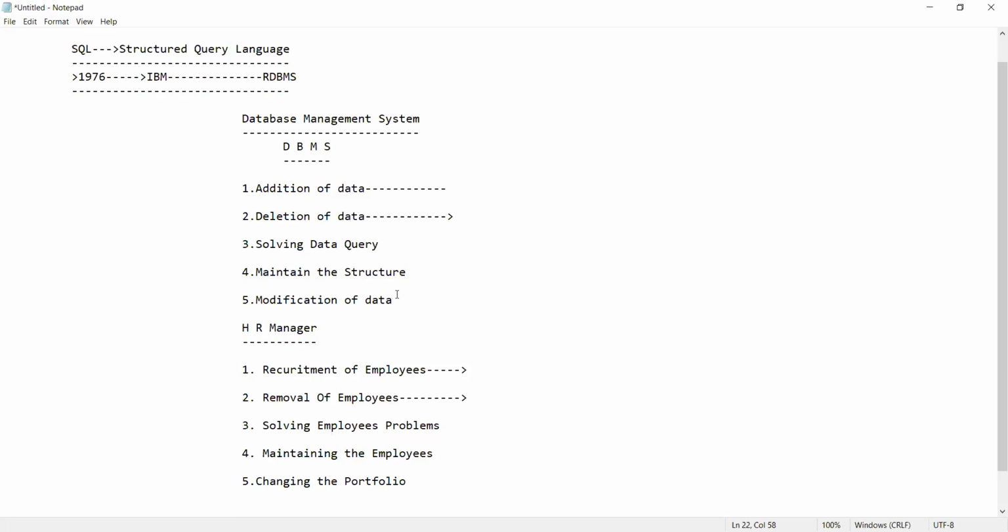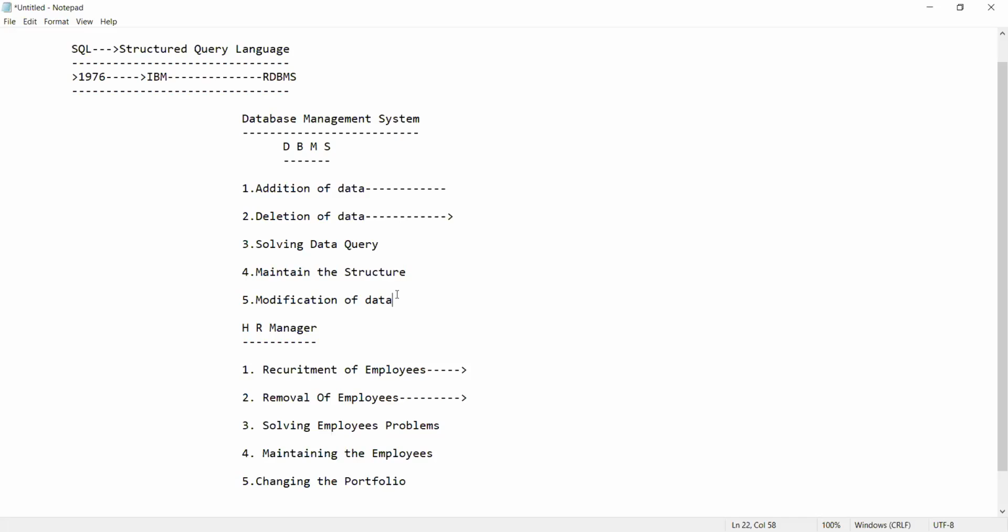The same task means according to the requirement, the data is modified. According to the requirement, the data is modified. That is called modification of data.